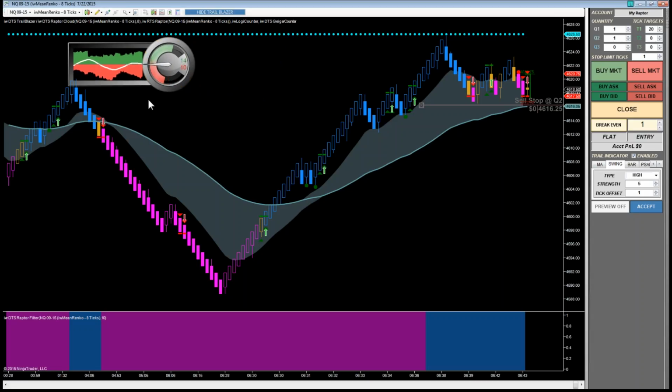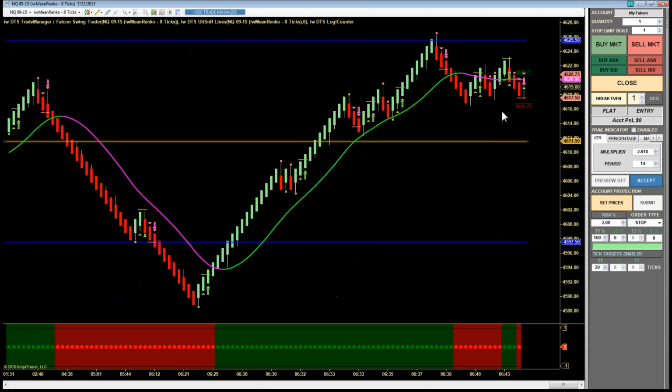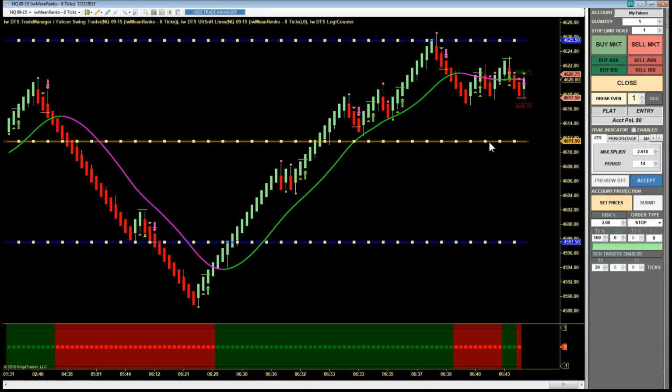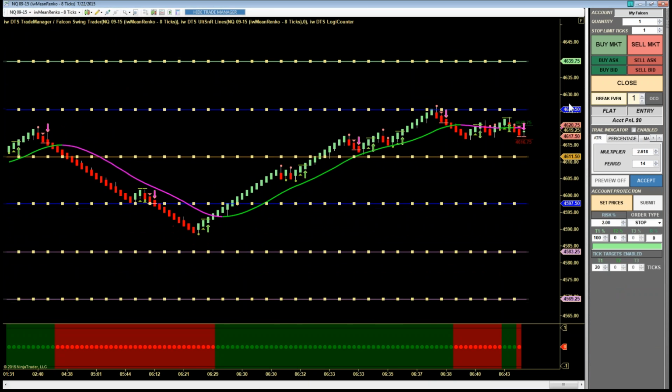So the Raptor is just one of the add-on tools. Another add-on tool, which is very popular, is the support and resistance suite. Now, once again, you can use this on any chart. I just happen to have it on my Falcon so that things don't get too confusing.